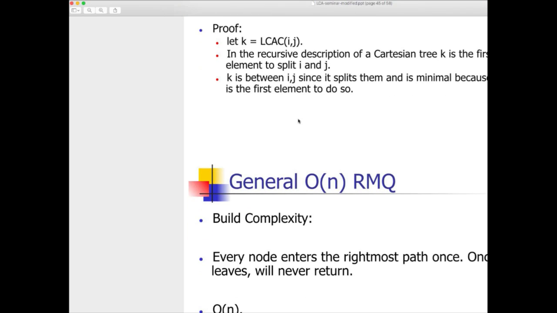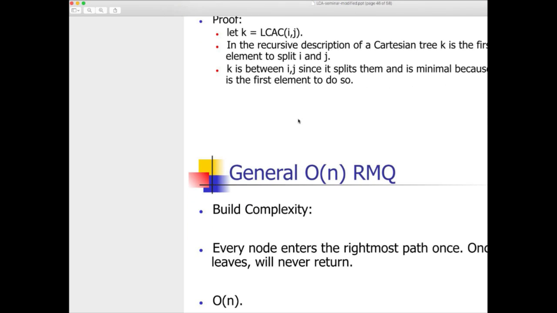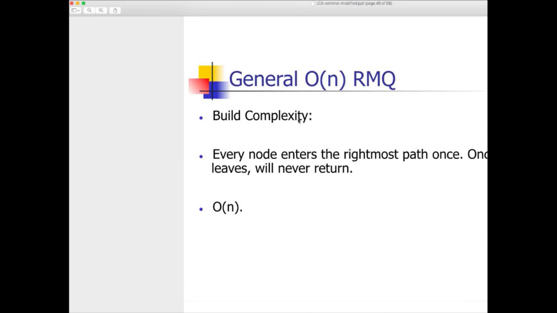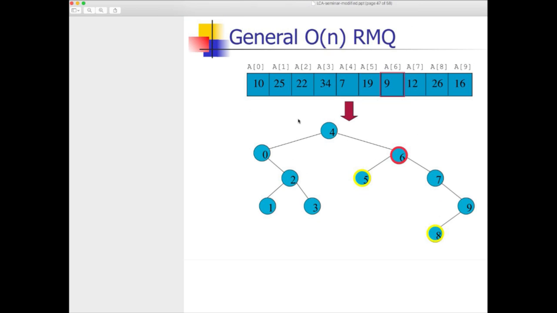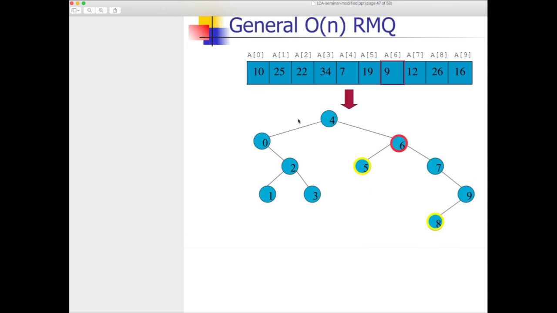So to see it more concretely, over here it's showing you the example of finding the RMQ of 5 to 8. So RMQ of 5 to 8 is LCA of 5 to 8, which turns out to be 6, and that is, in the original array, the correct answer, which is A of 6.